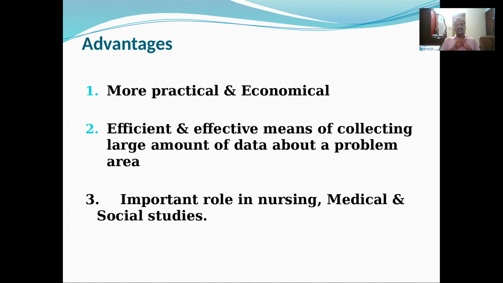Now we are looking at the advantages and disadvantages of the non-experimental design. The advantages: it is more practical and economical. It is a more efficient and effective means of collecting a large amount of data about a problem area. Also, it has an important role in nursing, medical, and social studies.